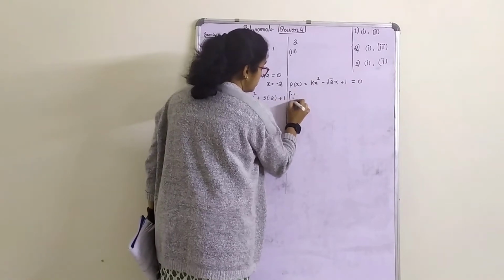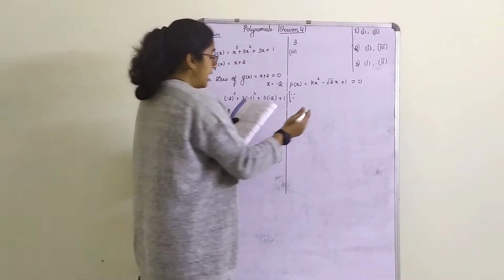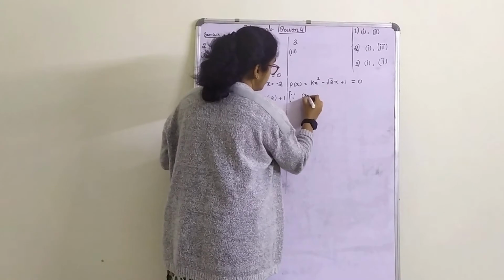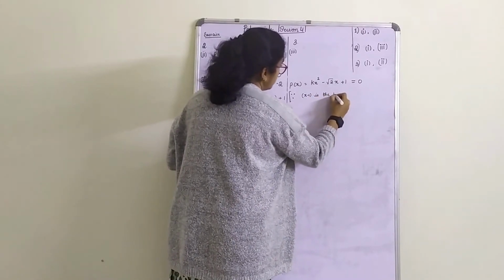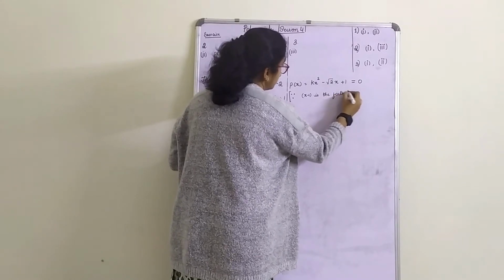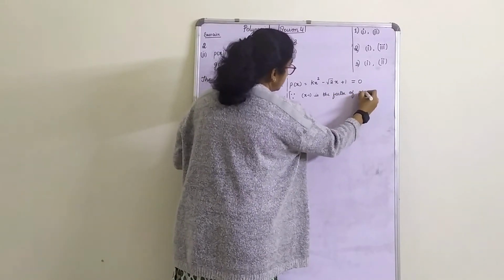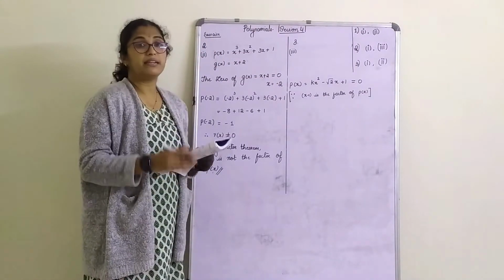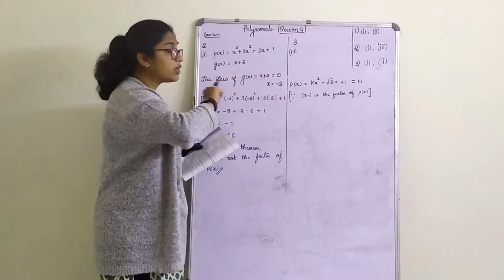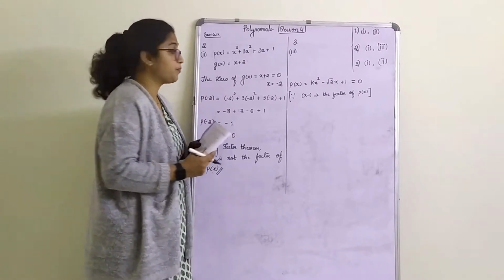Reason: because what have they given? X minus 1 is the factor of P of x. This is given. Since it is a factor, the remainder is 0. That is why we equate the equation to 0.